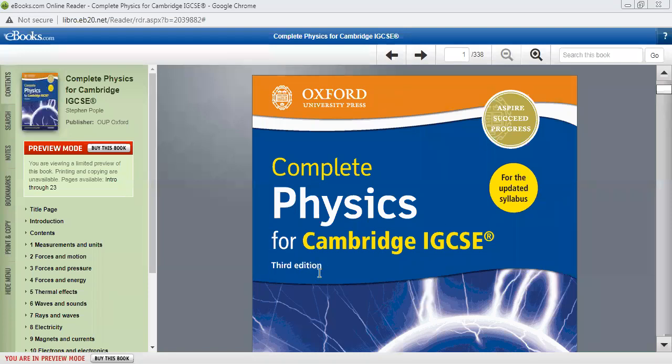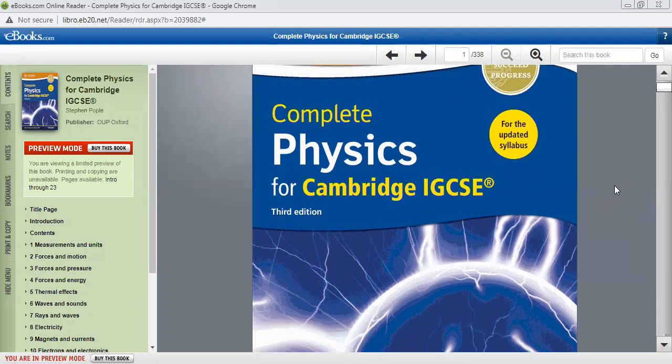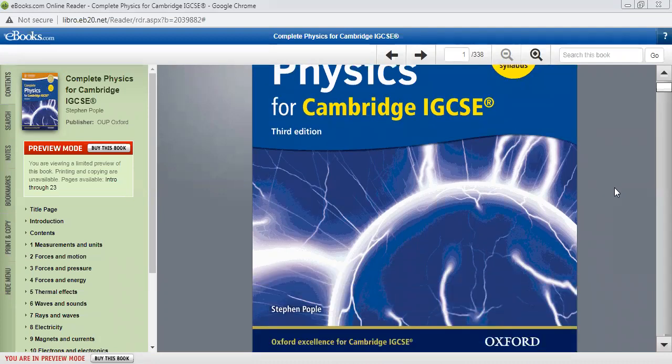It must be the third edition because of the upgraded syllabus, okay? So this is the shape of our book. Beautiful, isn't it?